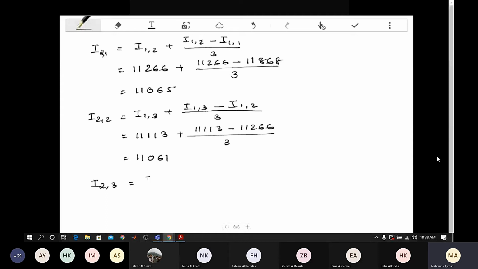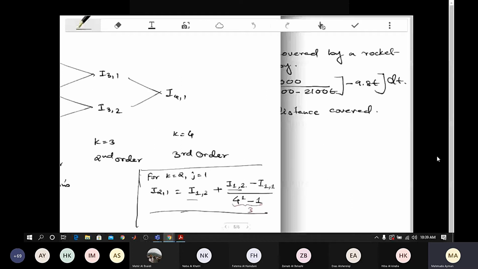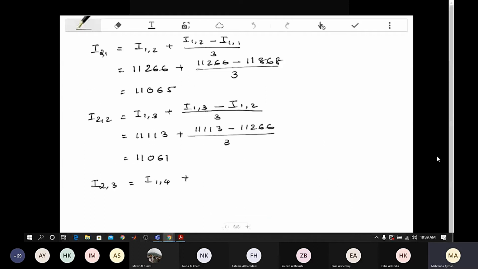So for I2,3, we will be using I1,4 and I1,3. The formula is I1,4 plus (I1,4 minus I1,3) divided by 3.